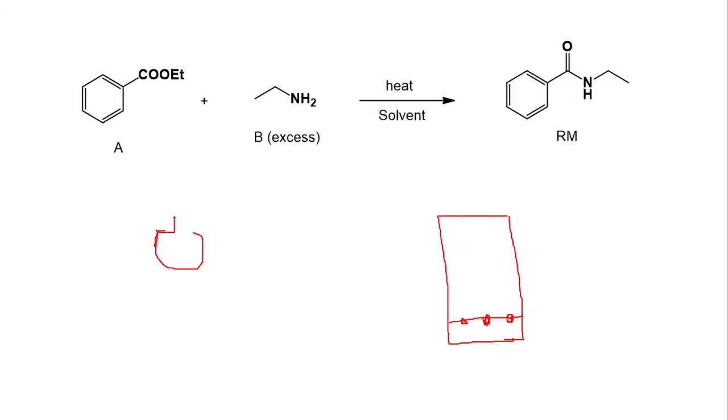This is in the reaction flask. Suppose you have added everything in the reaction flask, and it is connected to a condenser. You have A plus B, plus you have the product.